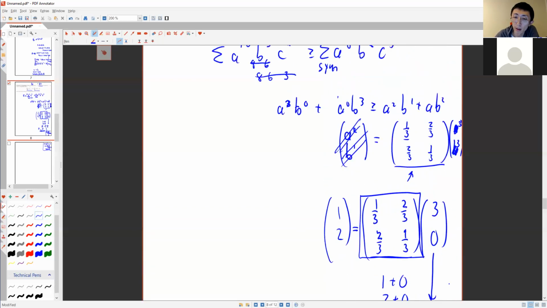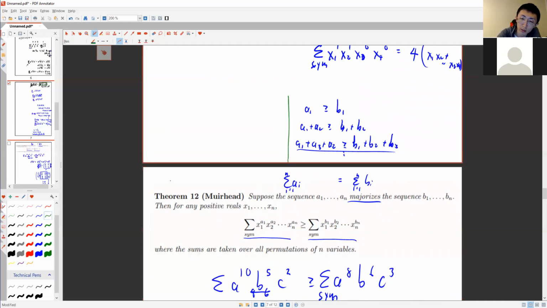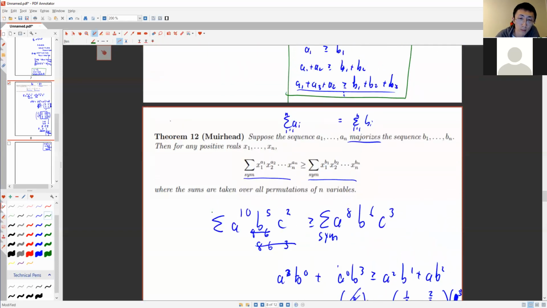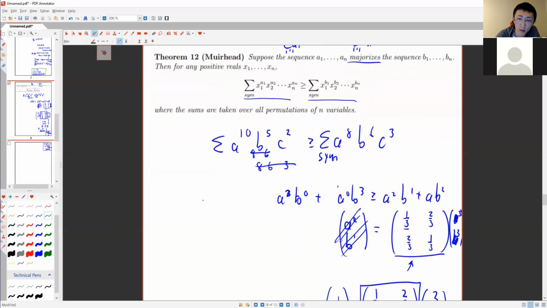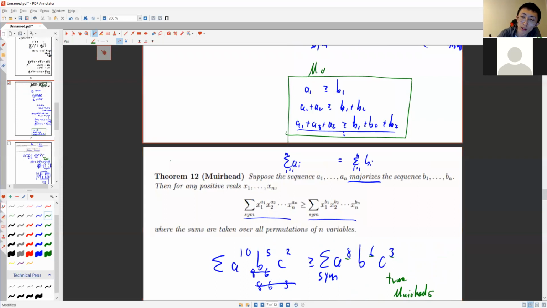But I prefer to think of it in terms of the sequences, where you have this sequence of inequalities. So this is true by Muirhead's, because 10, 5, 2 majorizes 8, 6, 3 according to this definition of majorization.